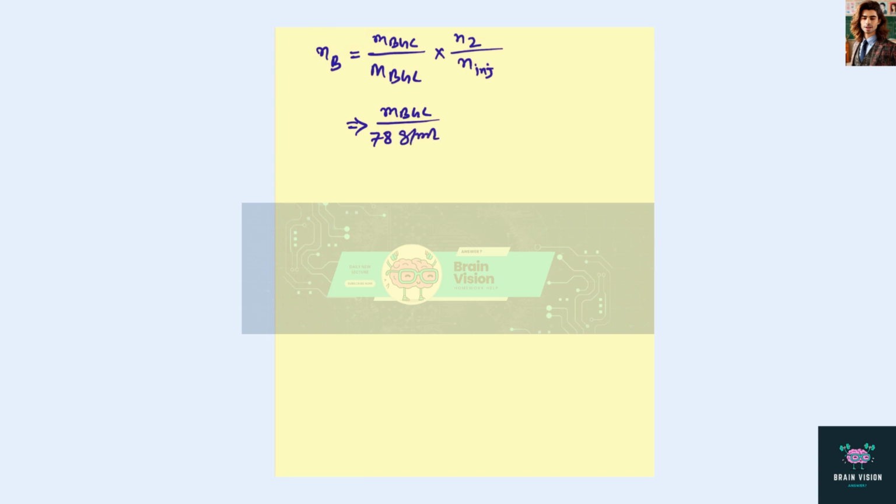The molar mass of benzene is 78 gram per mole, the number of moles during condition 2 is 0.393 mole, and the number of moles of gas injected is 0.068 moles. Therefore, the number of moles of benzene is equal to 0.0741 multiplied by the mass of benzene in the gas chromatograph.